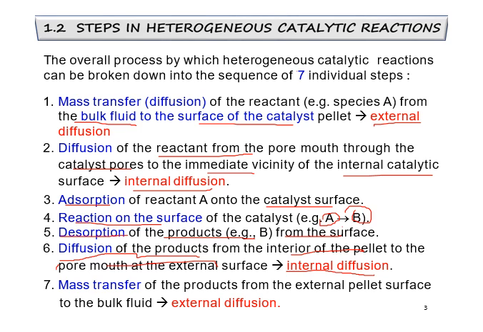And then when it has passed there, there will be mass transfer of products into the external surface. Okay, external pellet surface. So this is what we call the external diffusion. So there are theoretically the 7 steps.